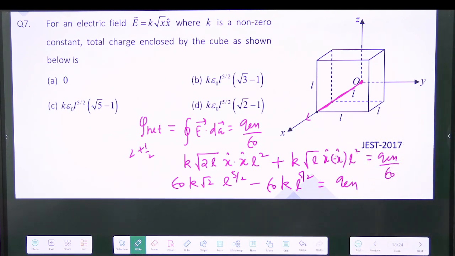So which option is correct? Root 2 minus 1, option D.